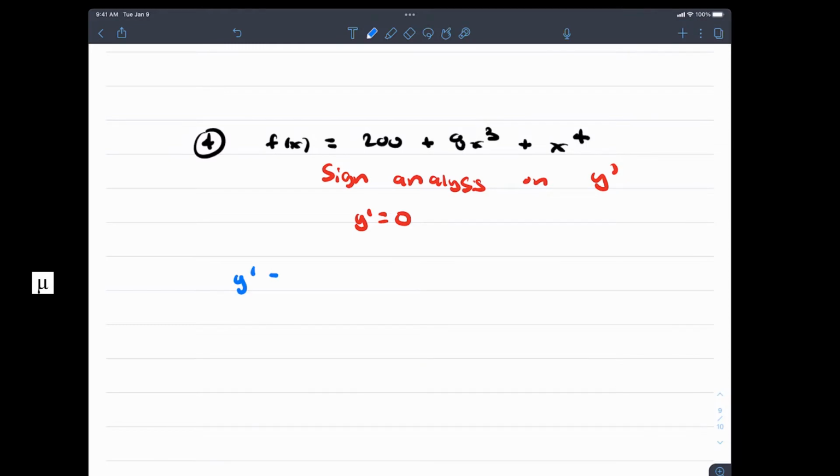So we're going to differentiate this function. We can call this y. 200 plus 8x cubed plus x to the 4th power. So I'm going to use my properties here.